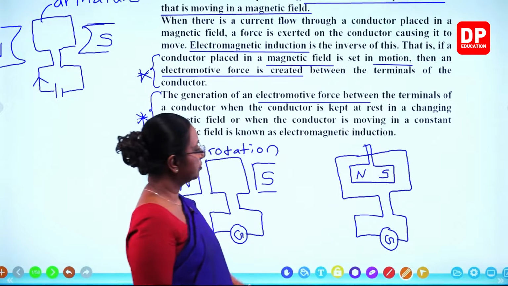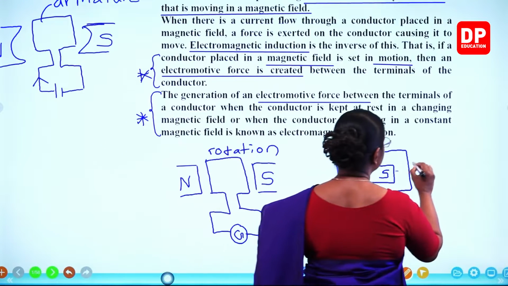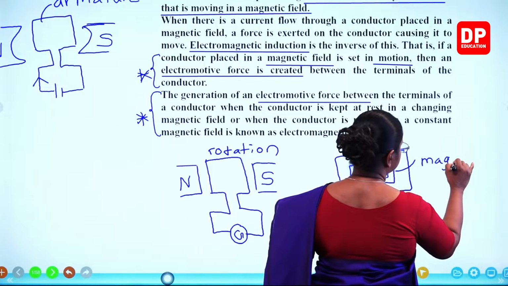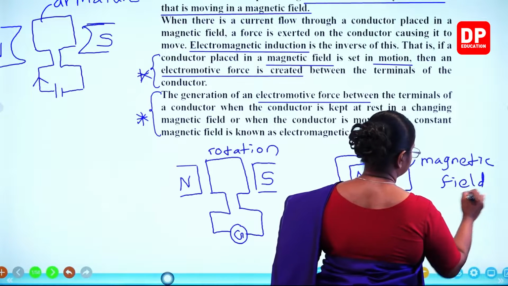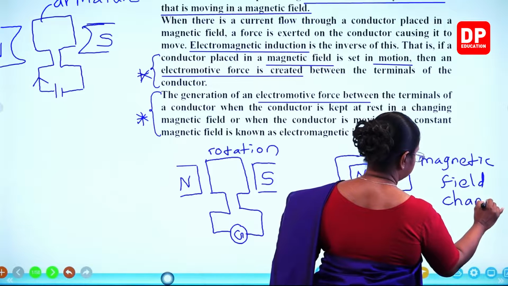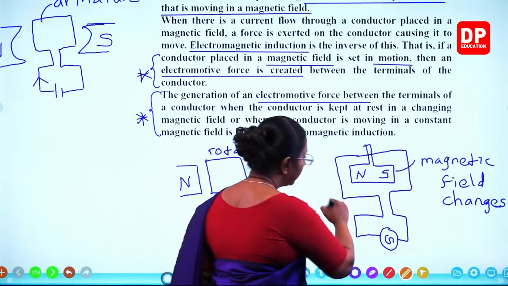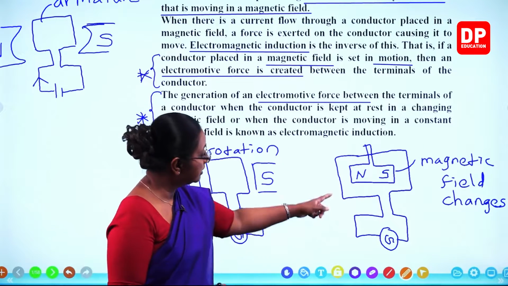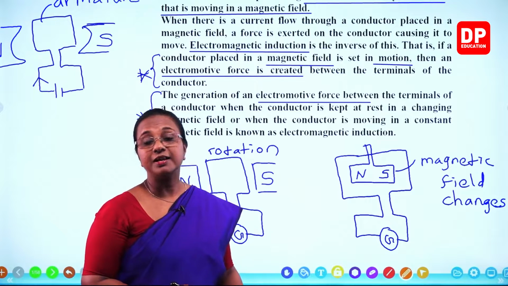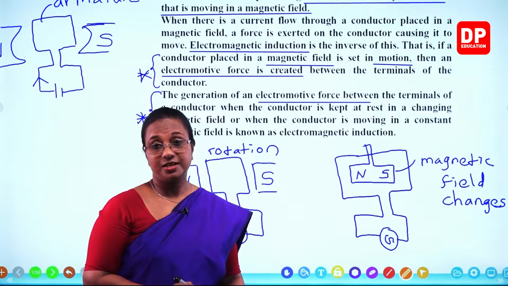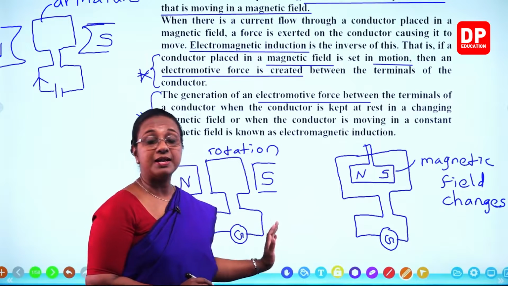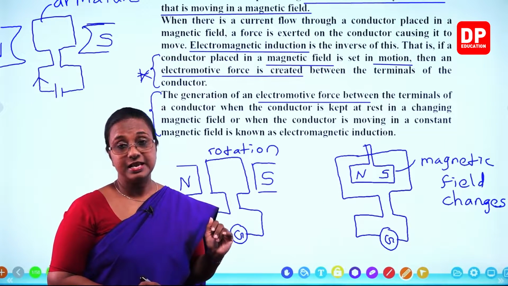So, here also the magnetic field is changing around a conductor, but the conductor is at rest. Then also electromotive force is generated. So, both come under electromagnetic induction.